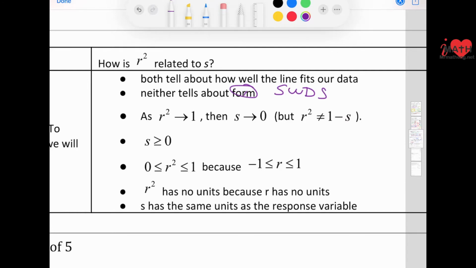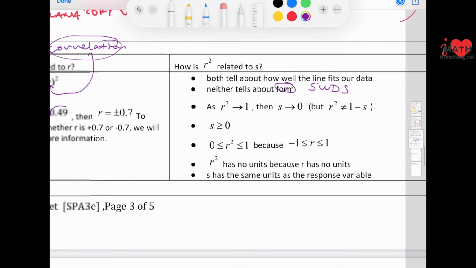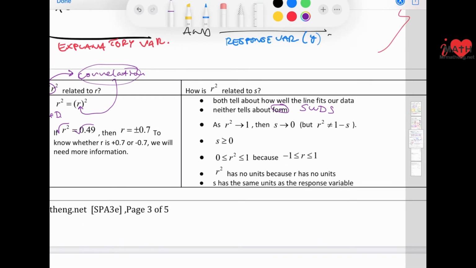Your standard deviation has to be greater than 0, and r squared must be between 0 and 1, because if you take your r value, whether it's negative or positive, and you square it, it will be a positive number. And r squared has no units, because r has no units, and s, the standard deviation, has the same units as the response variable. Okay, so that's page number 3.